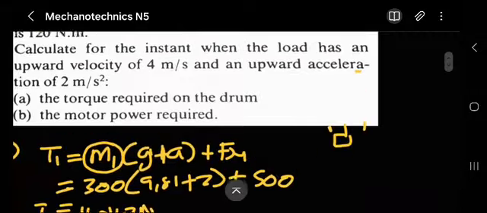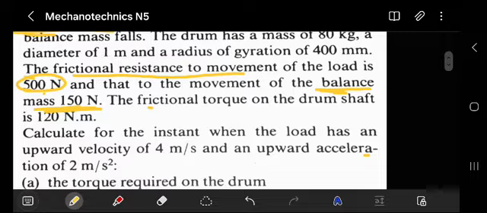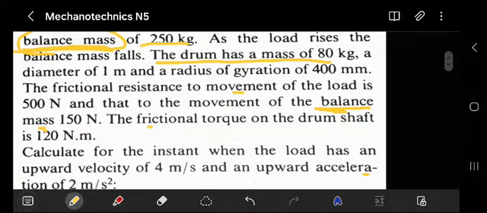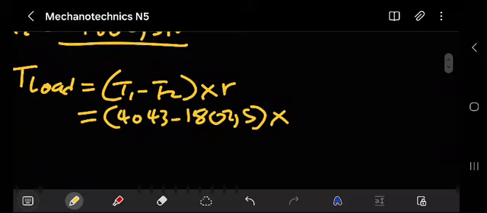Let's check the drum. What is the diameter of the drum? There it says the diameter of the drum. The drum has a mass of 8 and a diameter of 1, so the radius is simply 0.5. The diameter is 1 divided by 2. 1 divided by 2 is simply what? 0.5.